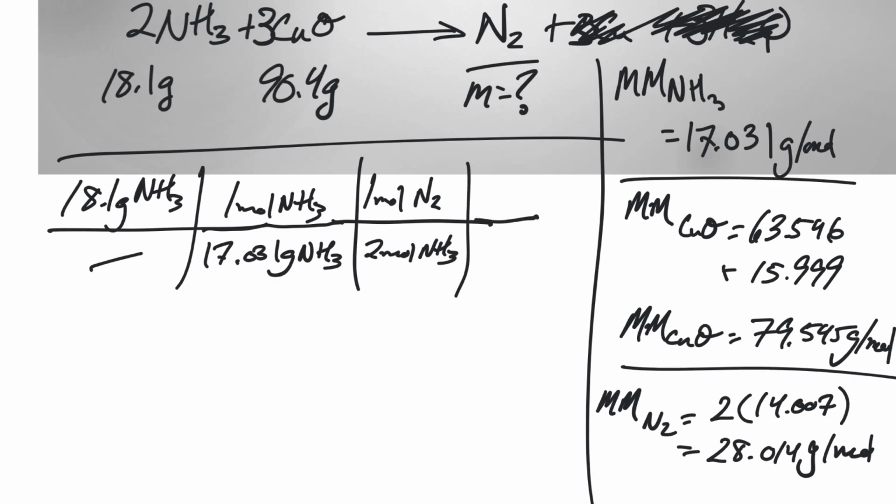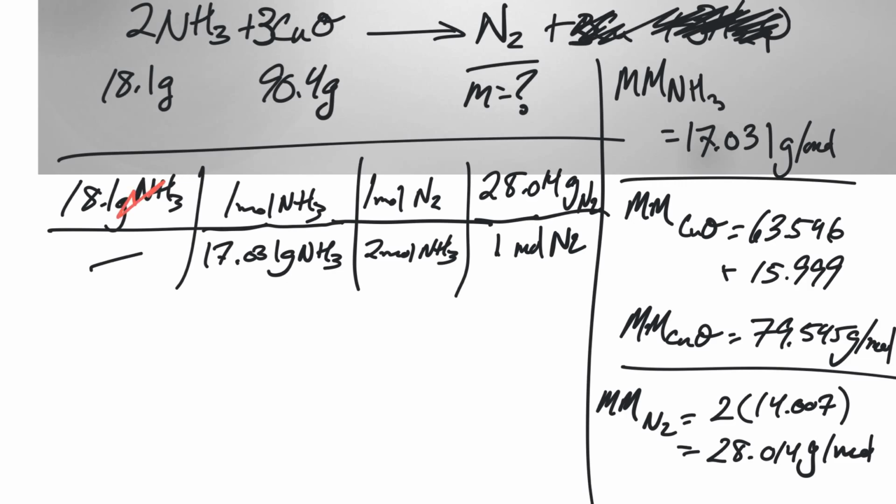And then we multiply by the molar mass of nitrogen, which is 28.014 grams of nitrogen per each mole of nitrogen.